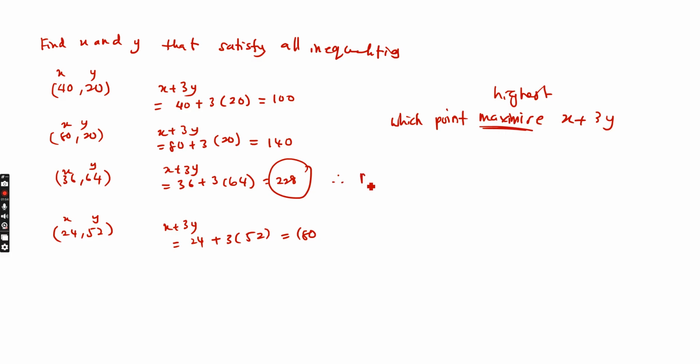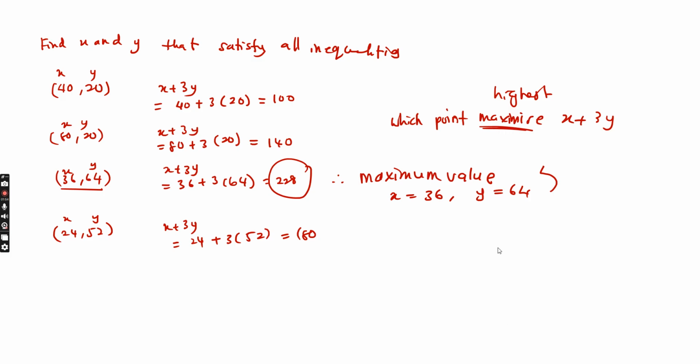So this is the maximum value. So which point maximizes the equation? Point x is equal to 36 and y equal to 64 maximizes the equation x plus 3y. So that's it. That is how you answer this question.